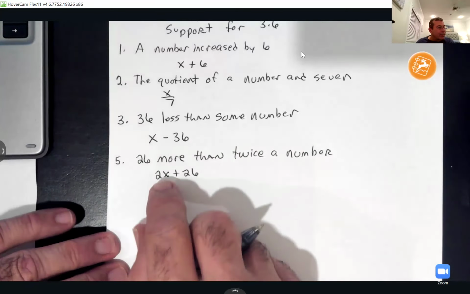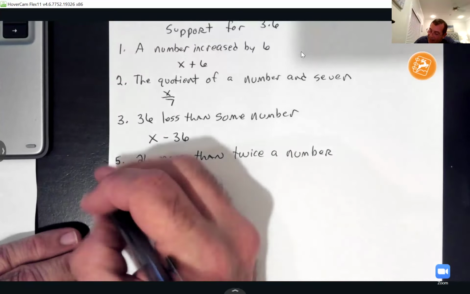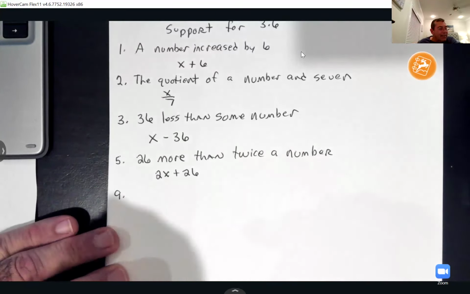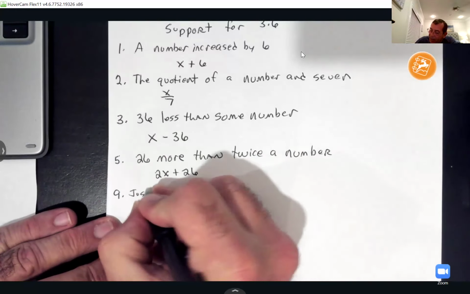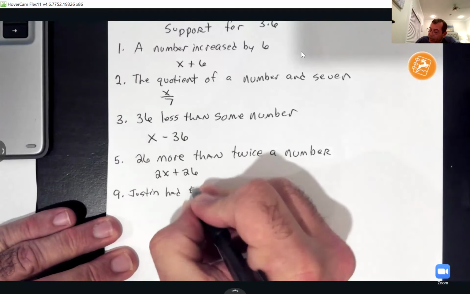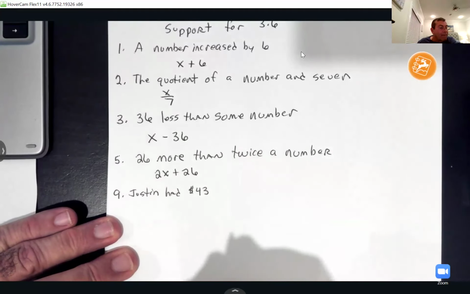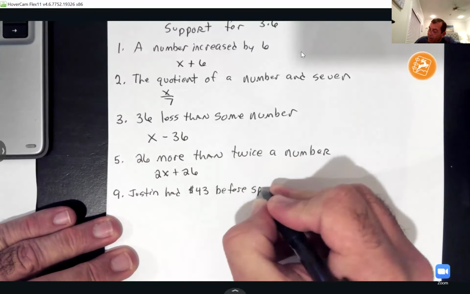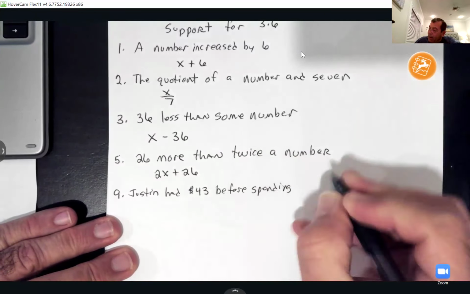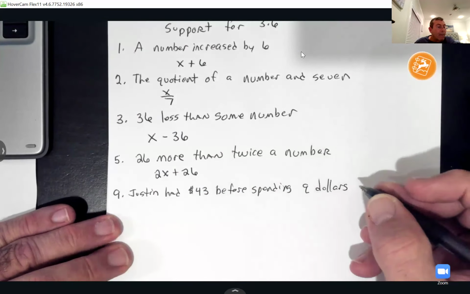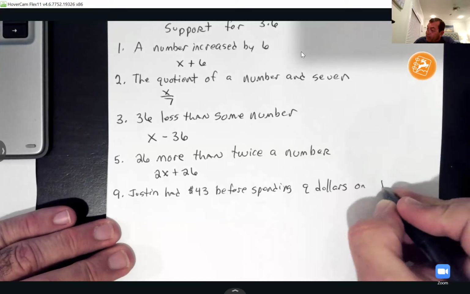All right, so 6, 7, and 8 were pretty much the same. Then this number 9, let's see what we do here. Number 9 said Justin had $43 before spending a few dollars on some jeans.